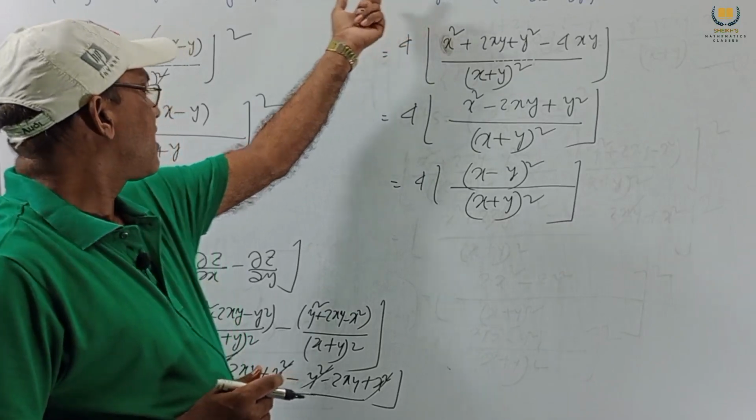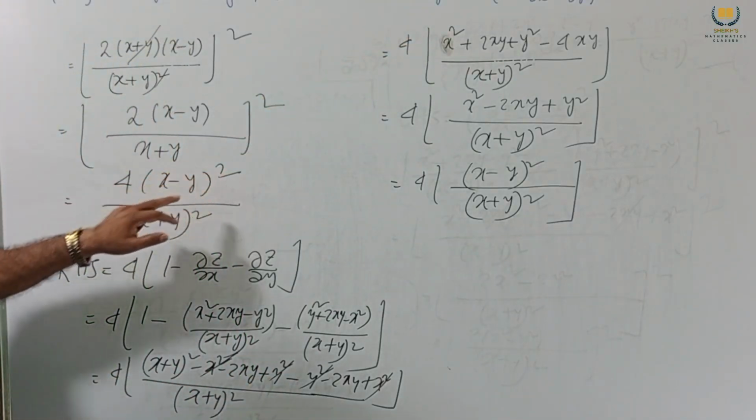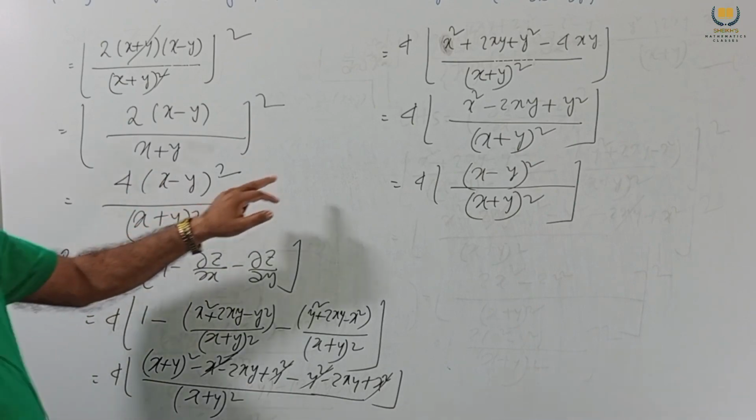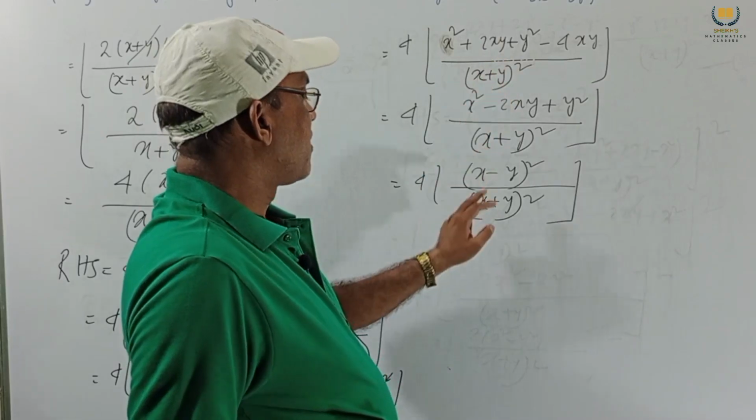In our left hand side, after calculation we get this result, 4 into (x minus y) whole square by (x plus y) whole square, and right hand side also we get, after calculation, this is our answer.